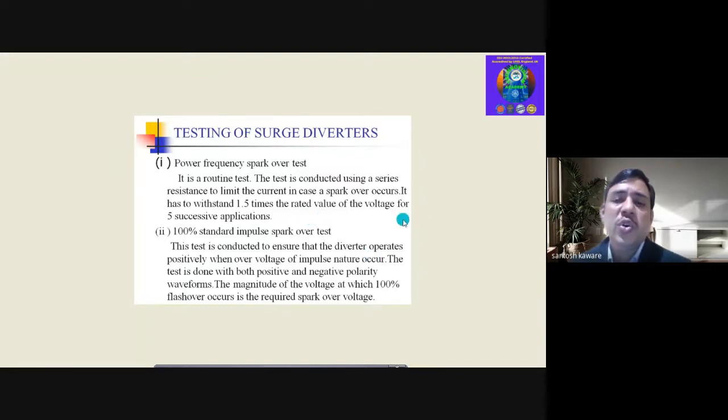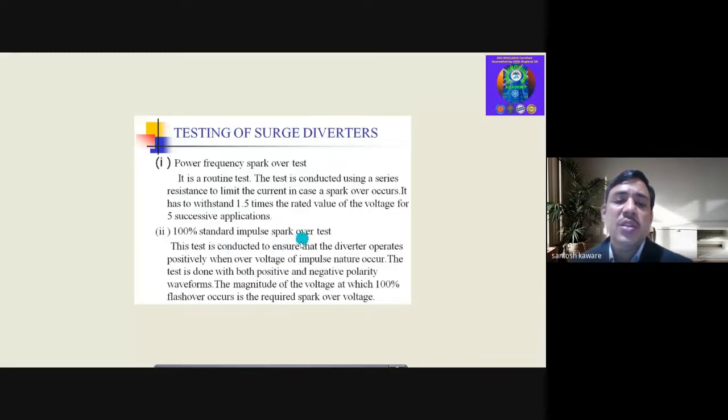Suppose this is a 420 kV rated lightning arrester, then they apply 1.5 times that for 5 successive applications. They even check the number of times for the same voltage. In this way, they carry out the power frequency spark over test.